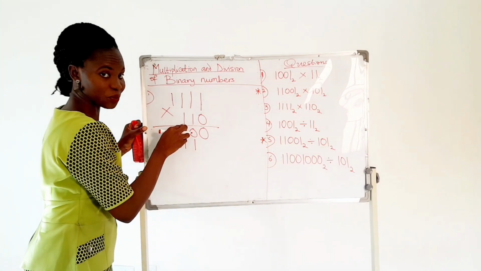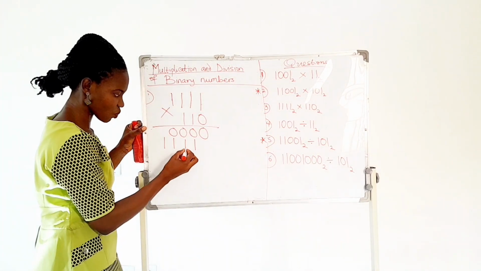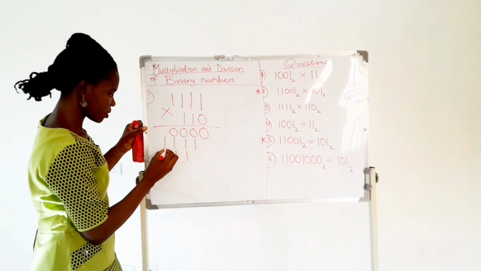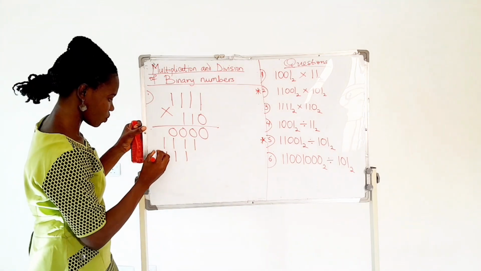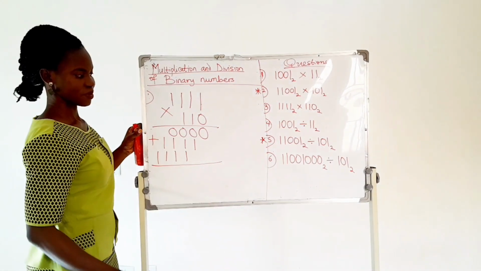And we go to the third one. 1 times 1, 1. We write it under this 1. 1 times 1, 1. 1 times 1, 1. And 1 times 1, 1. Then we add.